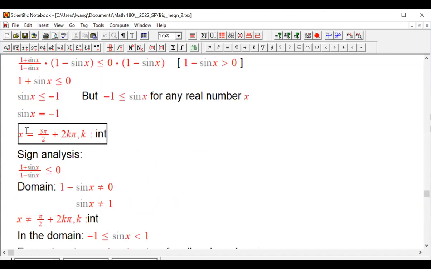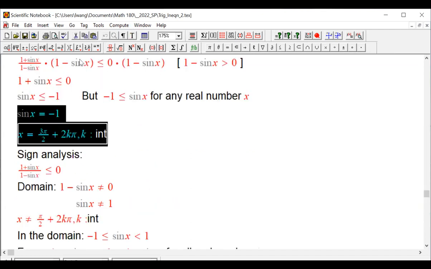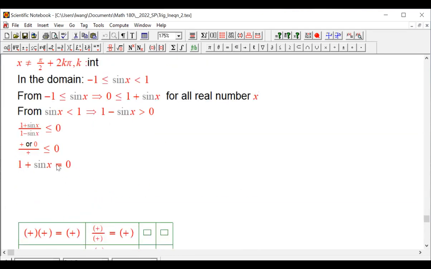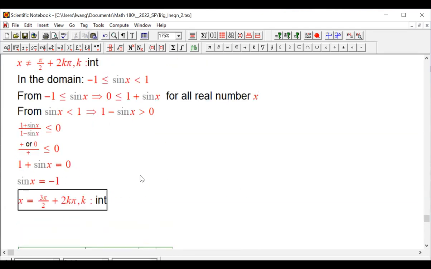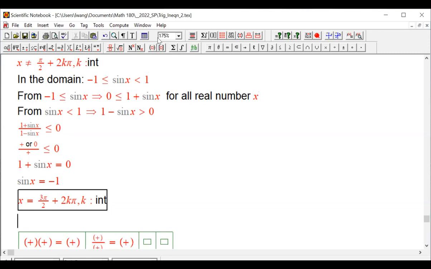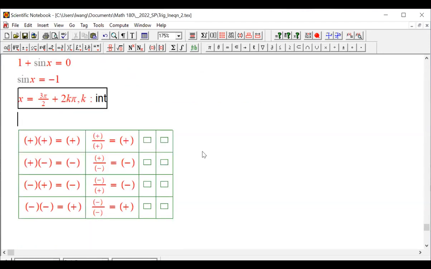So that's how we get that solution if you do the sign analysis. So in these situations of solving trig inequalities, you have to take a lot of factors into consideration besides using the principles.